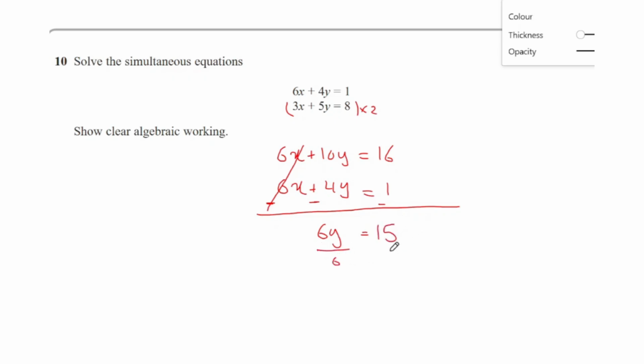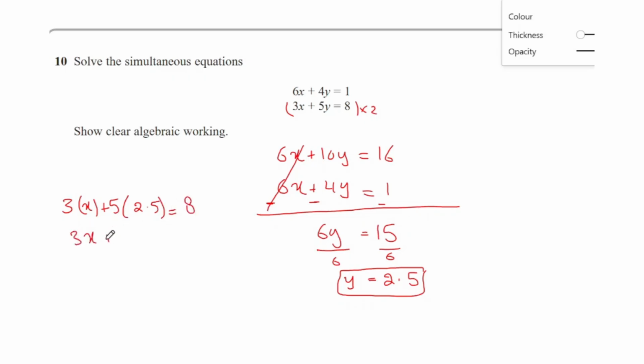So divide both sides by 6. So y equals 2.5. So the y value is 2.5. Now we need to find the x value as well. So substitute in the simplest one. We have 3x plus 5 times the y value 2.5, that equals 8, right? So 3x plus 12.5 equals 8.